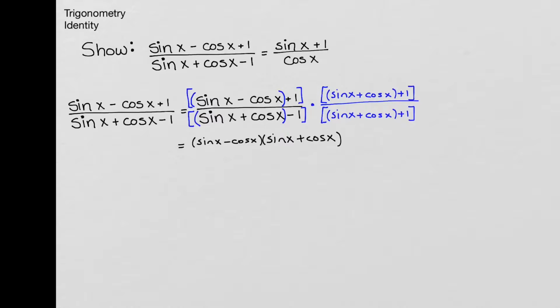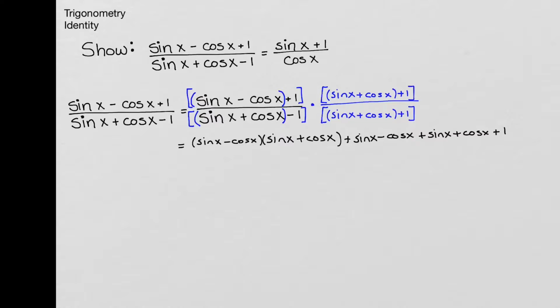Then I have the outer, which is sine x minus cosine x times a positive 1. So that's just sine x minus cosine x. And then I have 1 times sine x plus cosine x. That'll just be sine x plus cosine x. And then I multiply the last together, and they're both 1s. So I go plus 1.